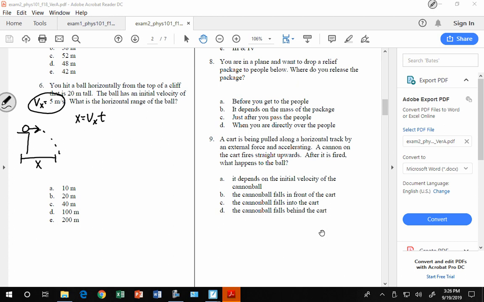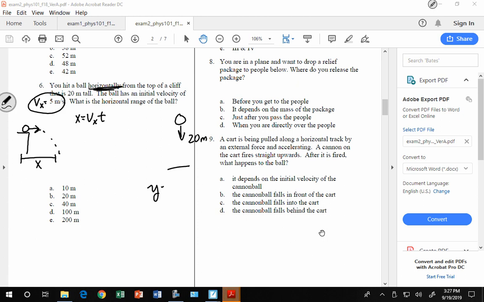I know that because it's kicked off horizontally on the top of the cliff, so all the initial velocity is in the x direction. Understand? Okay. To find t, I just imagine dropping a ball from 20 meters. The time required to fall will be the same as the one on the left.